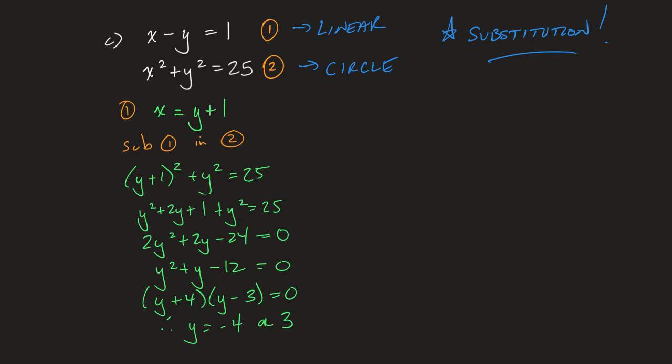My suggestion to you is, now that we're about to write our next communication statement, almost build up a chart. So what I might do is say I'm going to sub y equals -4 back into one of my originals. And right beside it, I'm going to write sub y equals 3 back into one of my originals.